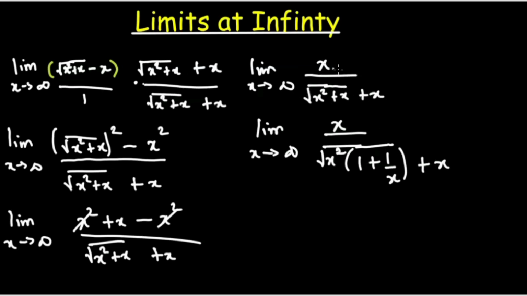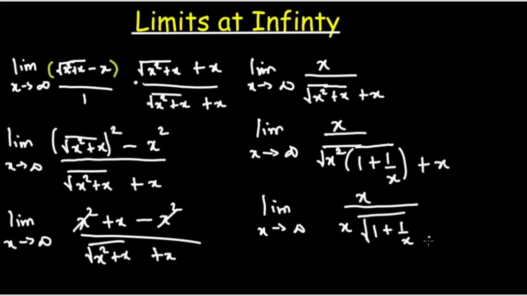Alright? So we have the limit as x tends to infinity of x all over, so when you take the square root of x squared, you have x root 1 plus 1 over x plus x.